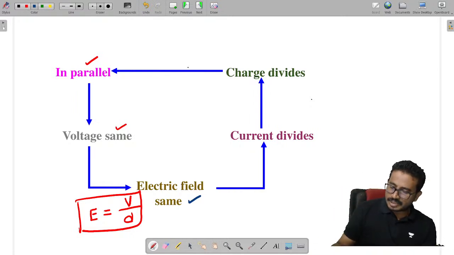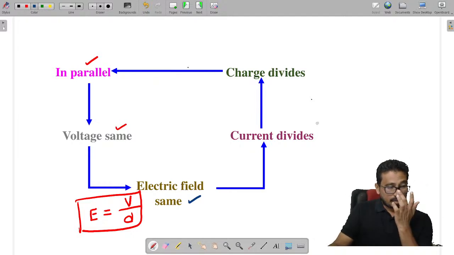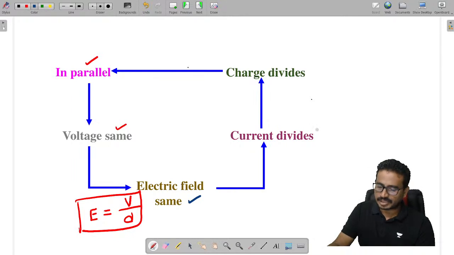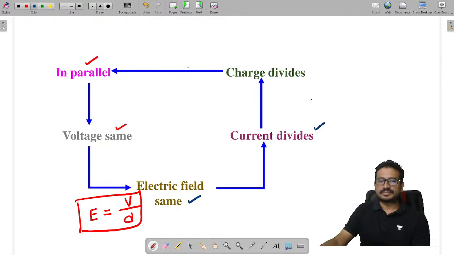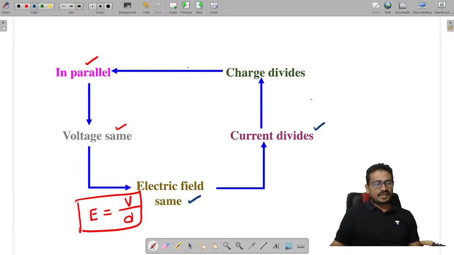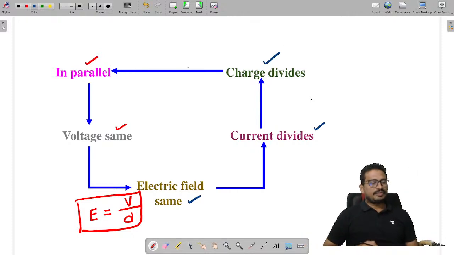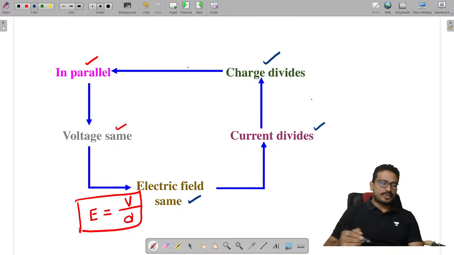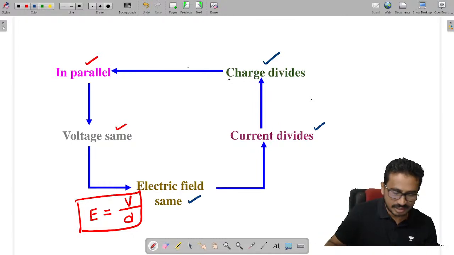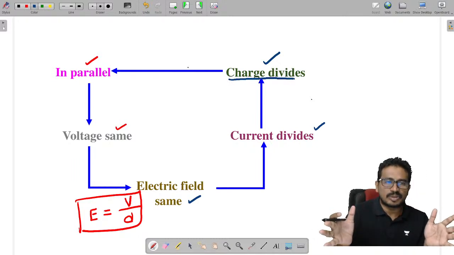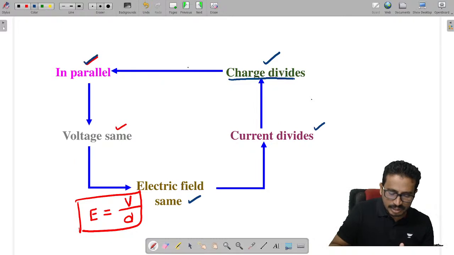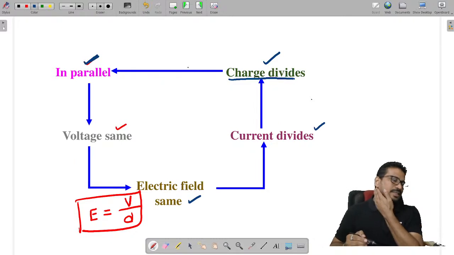And what about the current? The current will divide, which means the charge will divide. If the charge divides, meaning the charge has a different path to go, then obviously we can call the connection a parallel connection.